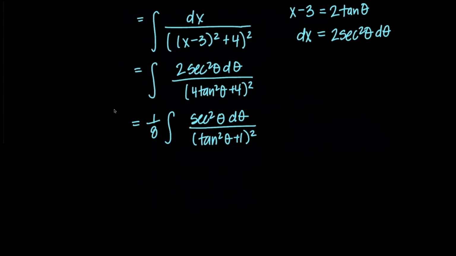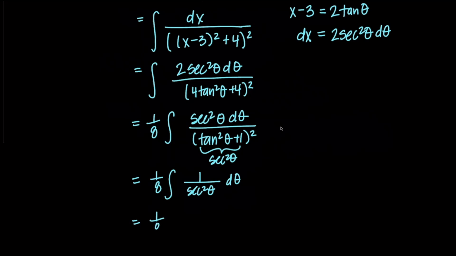Okay, so now the idea is that tangent squared theta plus 1 is secant squared theta, but that's being squared. And so there's 2 copies of secant in the numerator and 4 copies of secant in the denominator. So we're going to have left 2 copies of secant squared theta in the denominator. Well, that's just cosine squared theta.